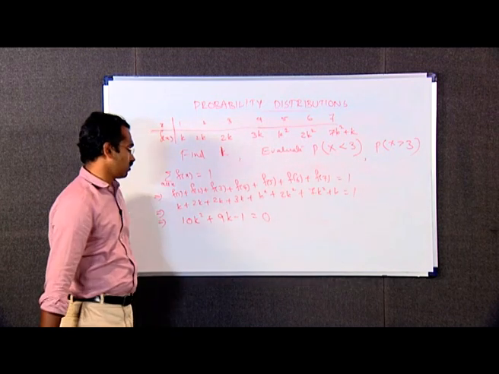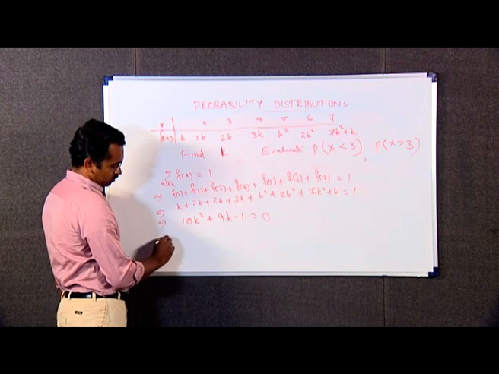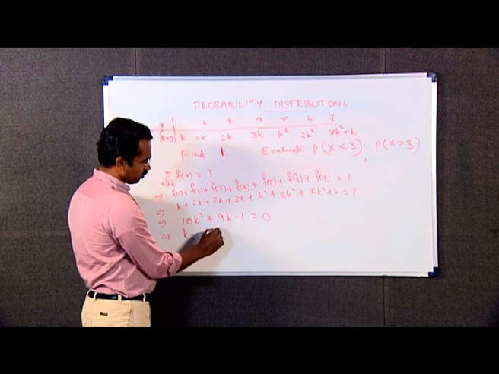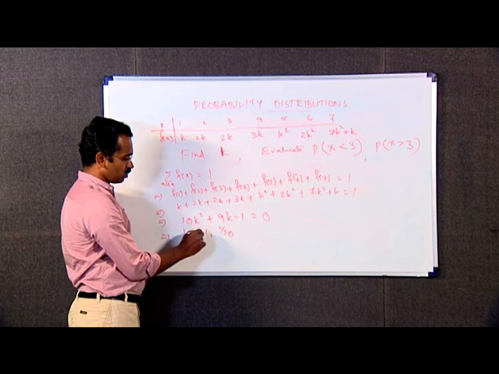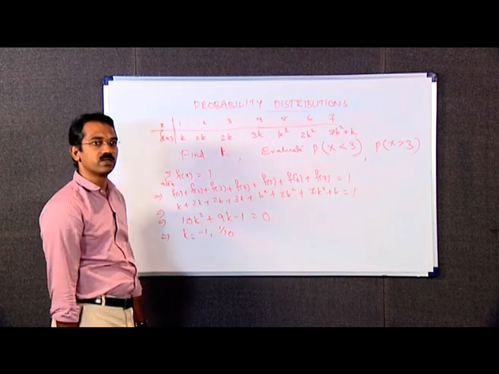On solving, it is a quadratic equation and we can solve for k. We will get k as minus 1 or 1 by 10.